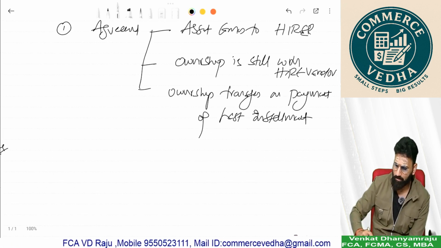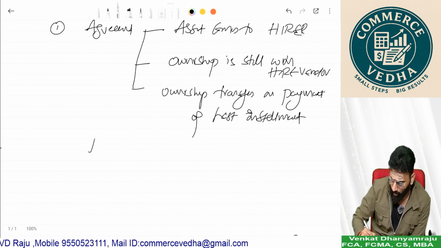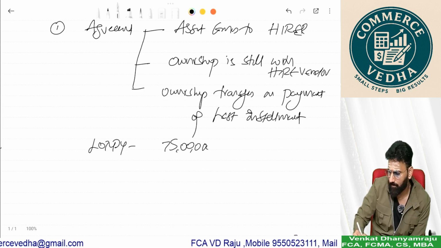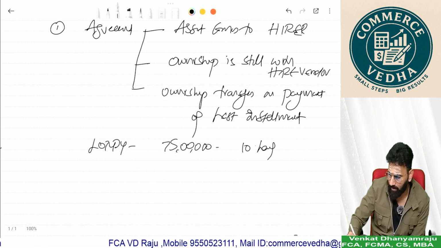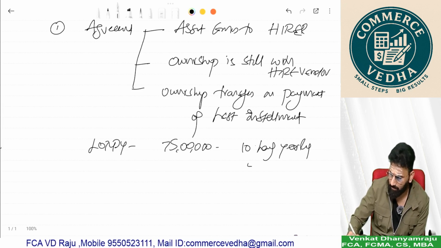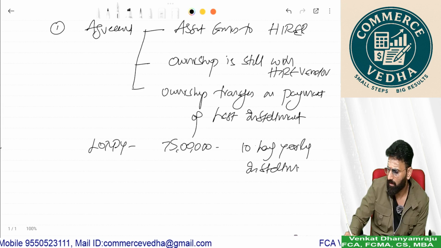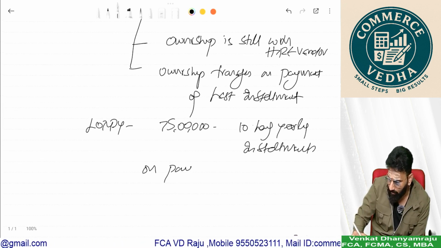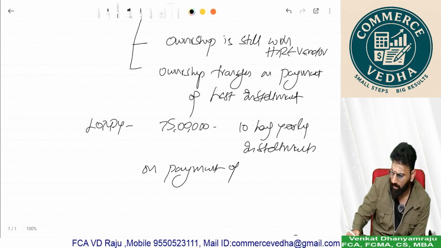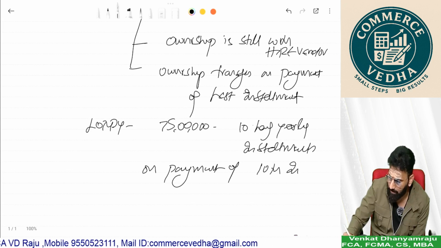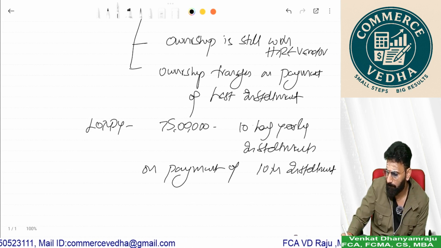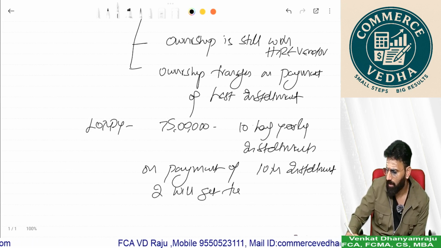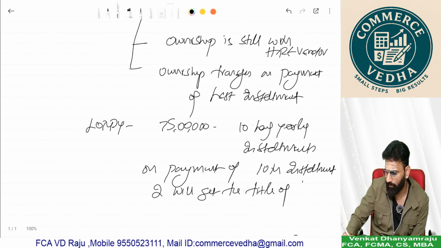So suppose if I purchase a vehicle, a lorry, for 75 lakhs, 10 half yearly installments, on payment of 10th installment, I will get the title of the asset.